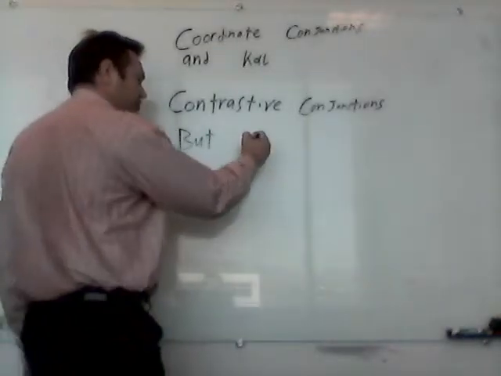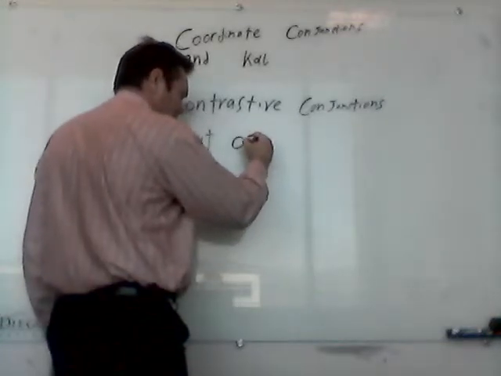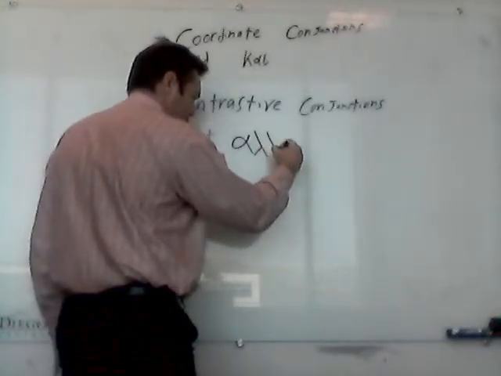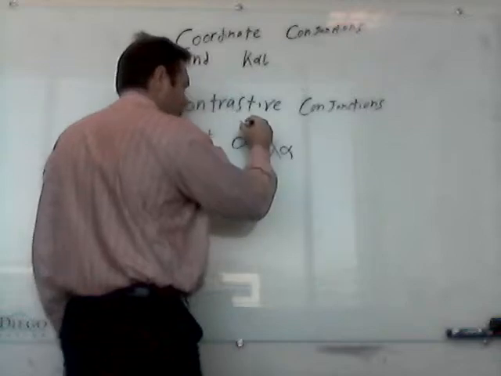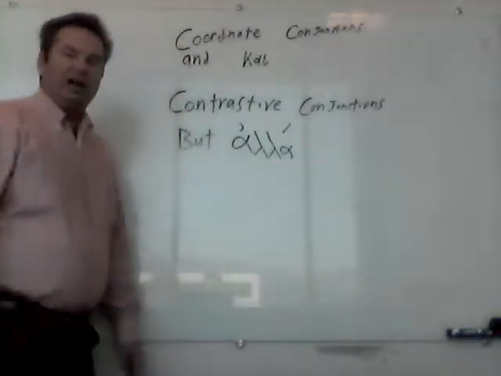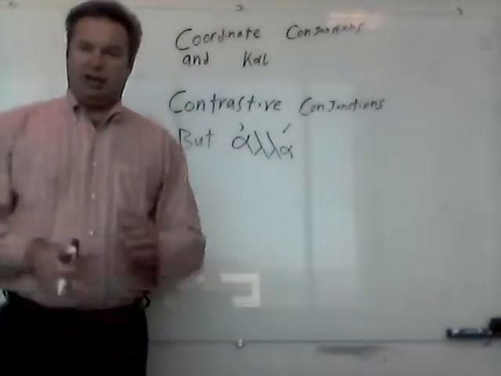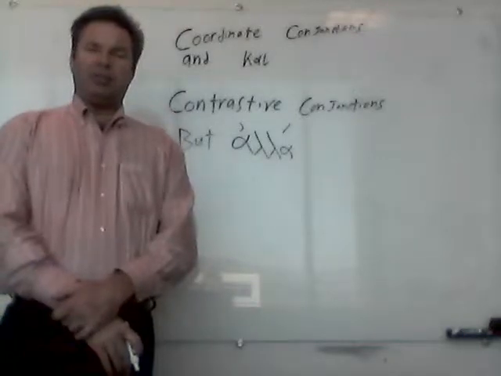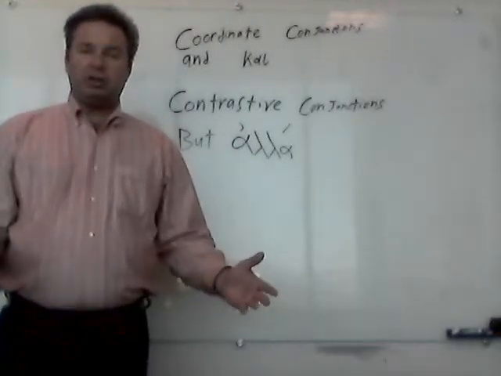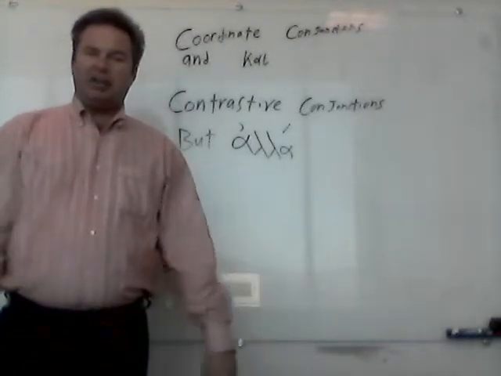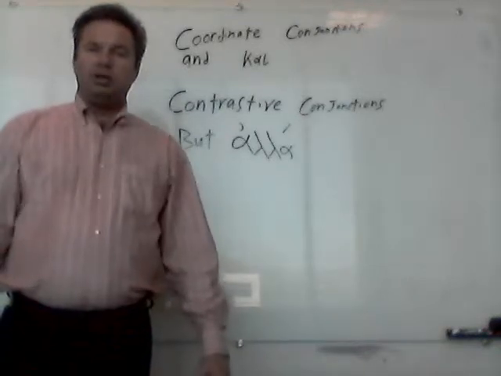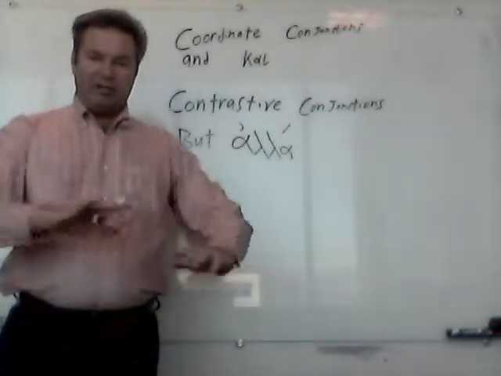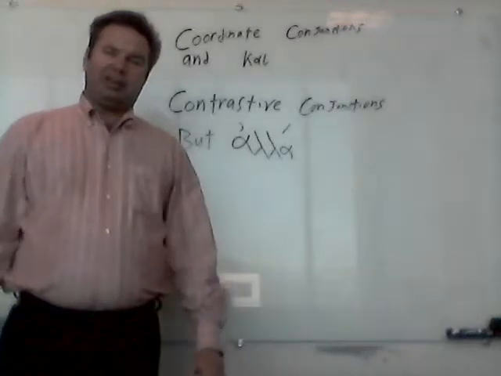The primary one being alla. All right. So when you have either one of these conjunctions, oftentimes they are giving you two different sentences that are kind of on an equal playing field.